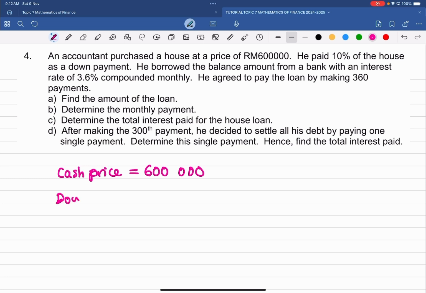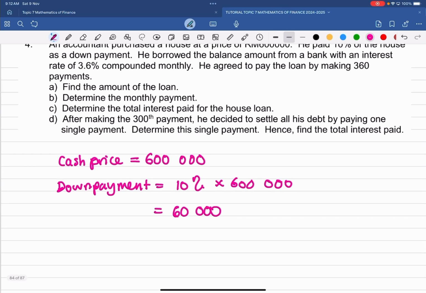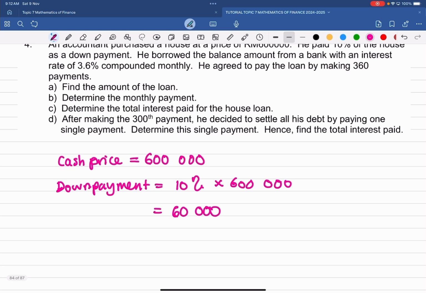So the down payment is 10% of 600,000, so you are going to get 60,000. He borrowed the balance amount from a bank with an interest rate of 3.6% compounded monthly.